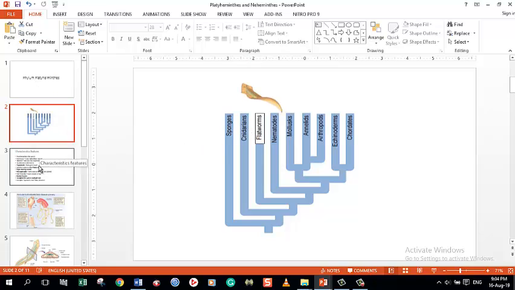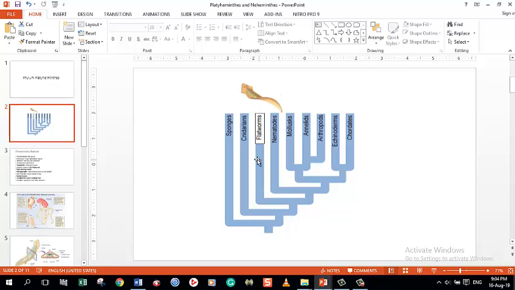Platyhelminthes. When we discuss the Platyhelminthes, we are going to look at a few characteristics and examples, and some of the typical characteristics that might be very unique to this phylum. So today in this lesson we are going to look at both phyla, phylum Platyhelminthes and the phylum Nemathelminthes.